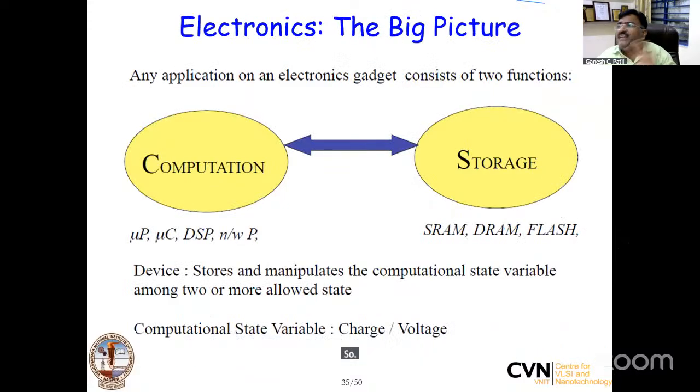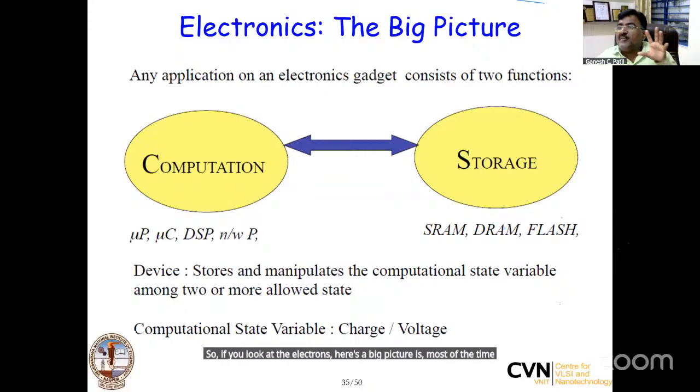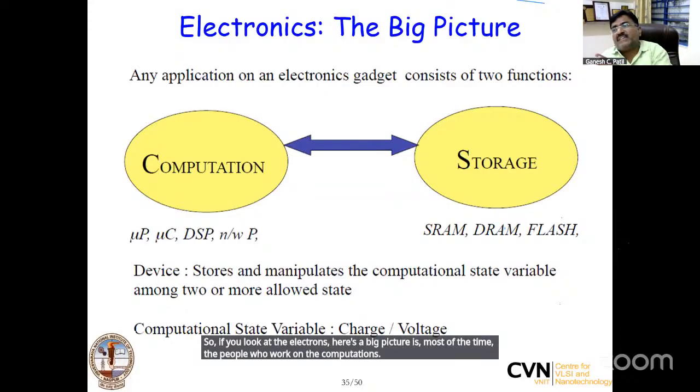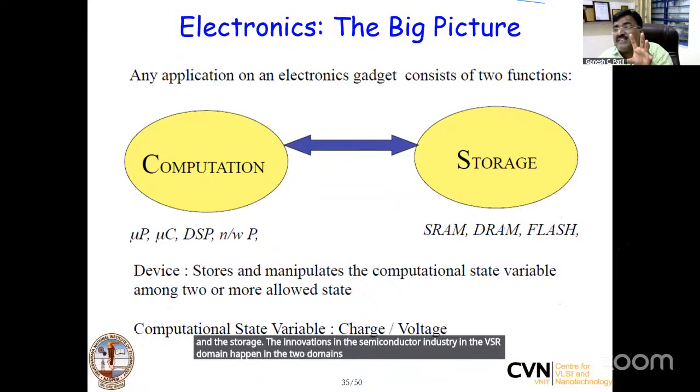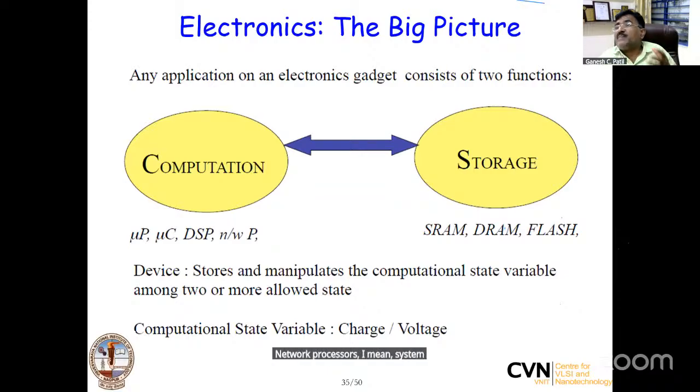If you look at electronics, the big picture is that most of the time people work on computation and storage. The innovations in the semiconductor industry in the VLSI domain happen in two domains. One is computation, where people are trying to come up with new processors, like microprocessors, microcontrollers, digital signal processors, network processors, and system on chip. Now people are talking about lab on chip.